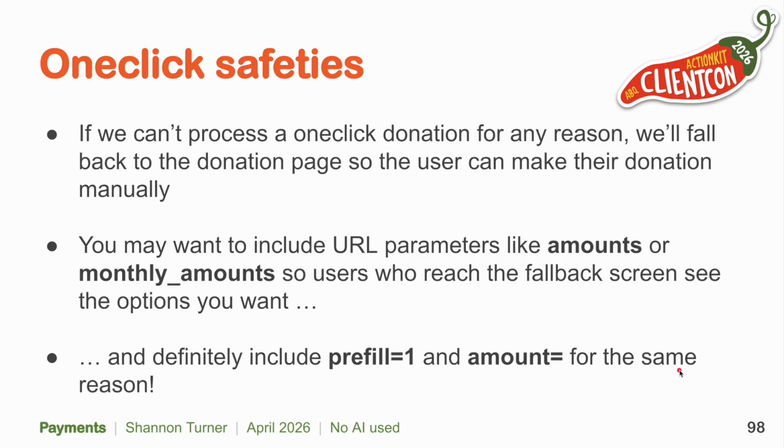But because we will redirect you back to the regular donation page, this is also why I like to suggest using URL parameters like amounts and pre-fill in your one-click links, just so that everything is configured exactly the way you want if a user does land on the fallback.